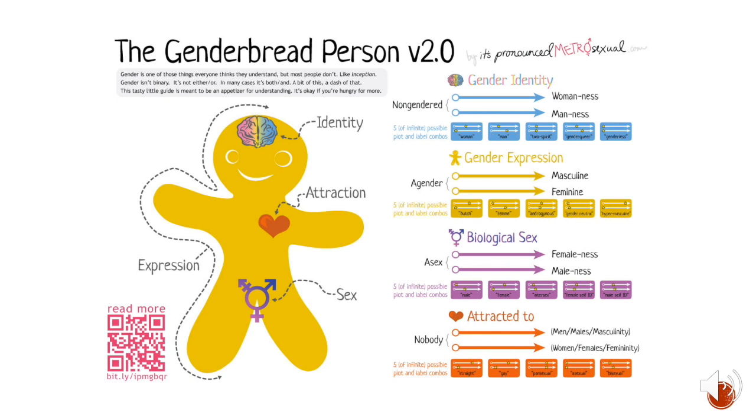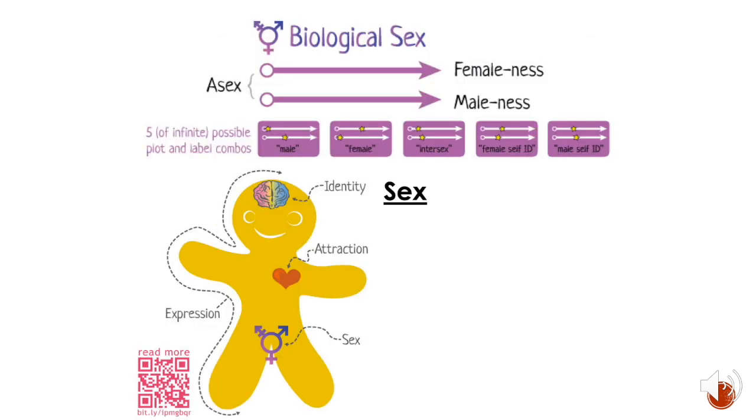So to see that, the first thing we're going to talk about is biological sex. What's important to note is that when we talk about your sex, we are talking about your biology, about what your DNA has decided that your sex will be. We're looking at male and female typically.